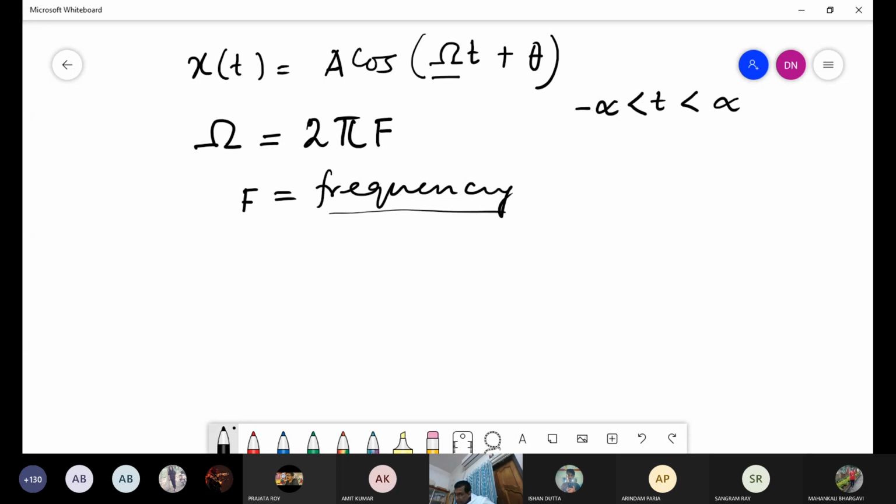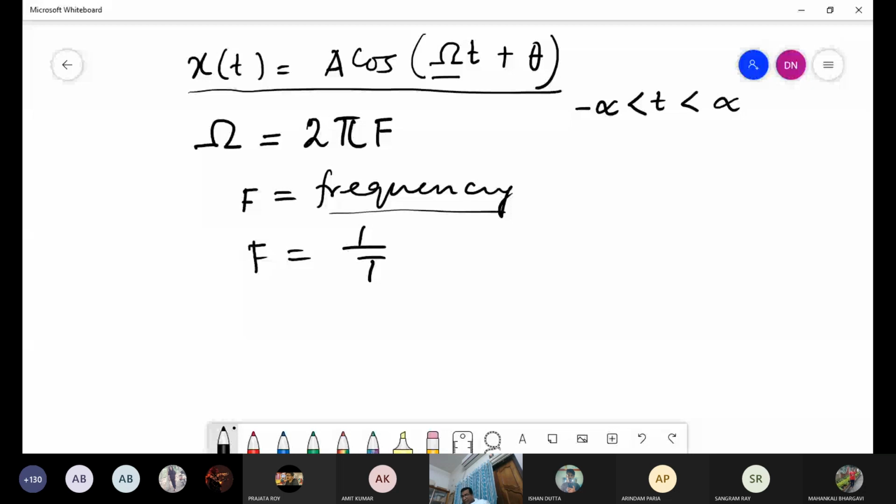And here, this signal is a periodic signal. I think you know the definition of a periodic signal. It will repeat after every period. So sometimes this F can be written in this form, 1/T, where T is the time period. Means actually, after every T, the signal value will repeat. This is for the continuous time signal.